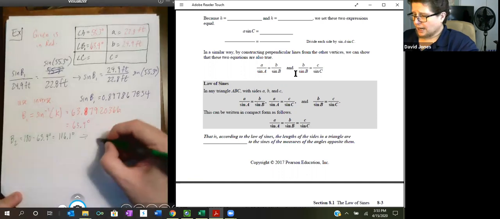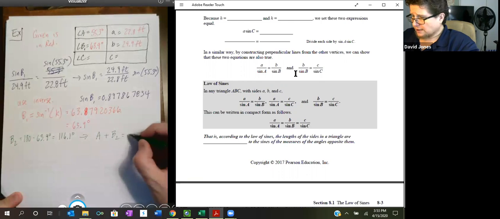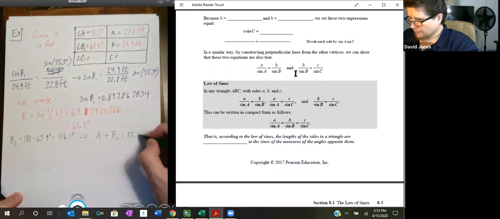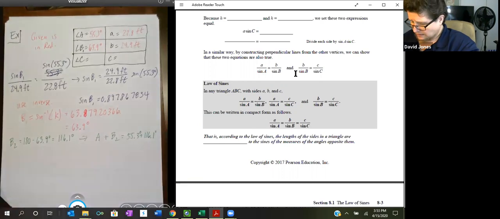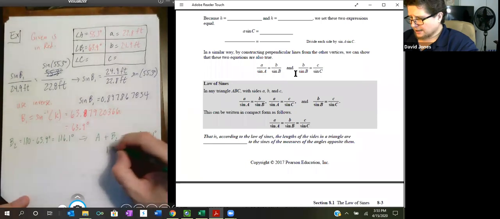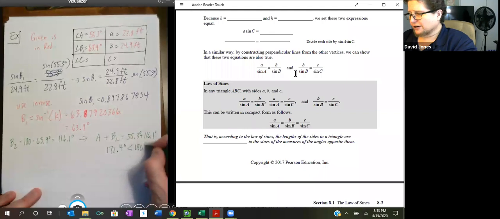And then we're going to do A plus B2 equals 55.3 plus 116.1. This is 171.4 degrees, which is less than 180 degrees.